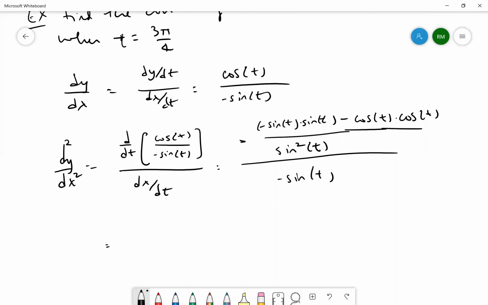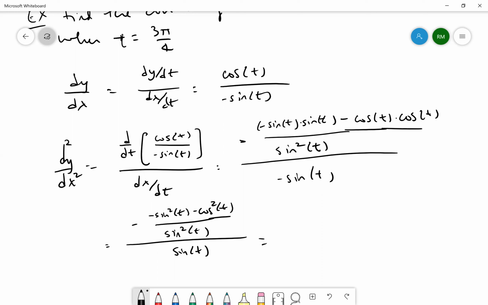So if I simplify that a little bit, I have a minus sign. On the top I get minus sine squared of t minus cosine squared of t.